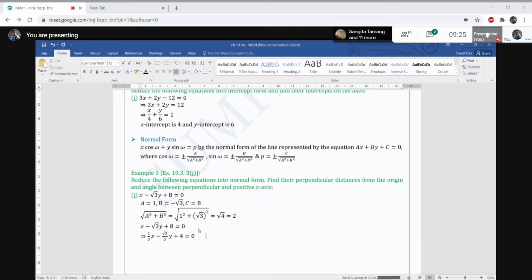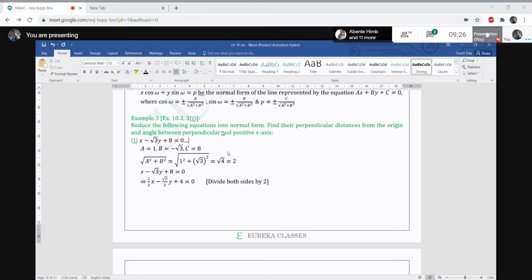Why do I write like this? Because if you compare, the value of cos is 1 by 2 and the value of sin is minus root 3 by 2.